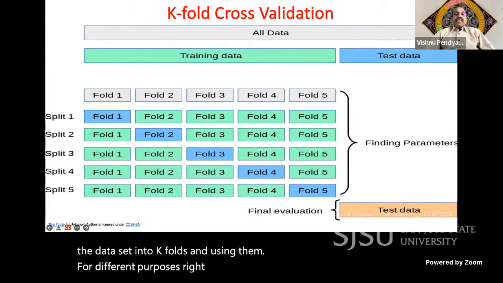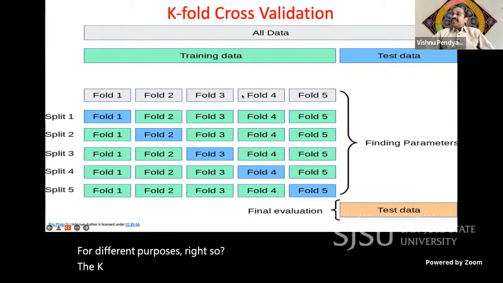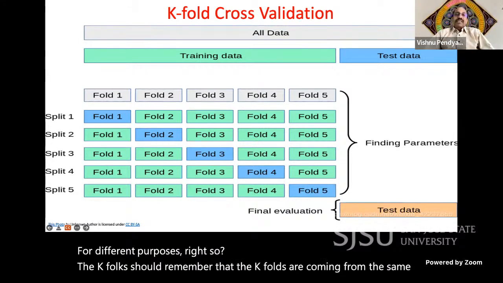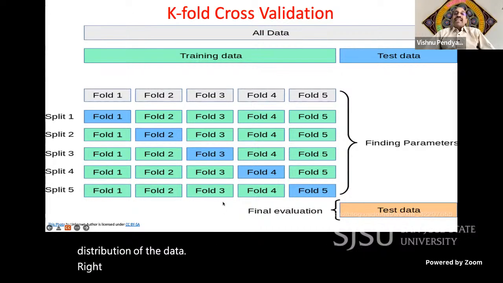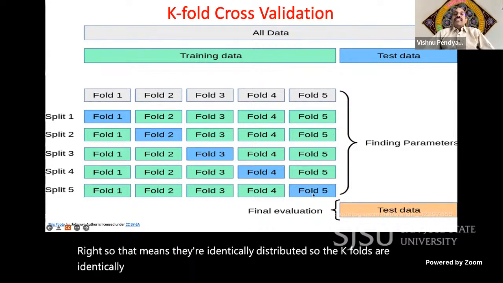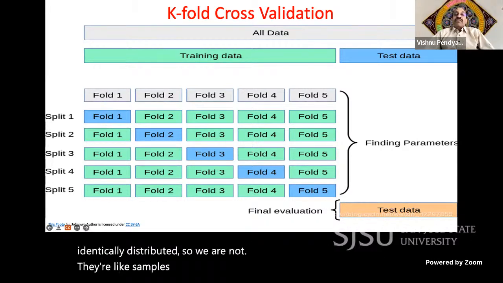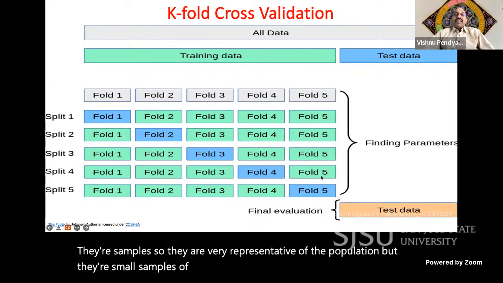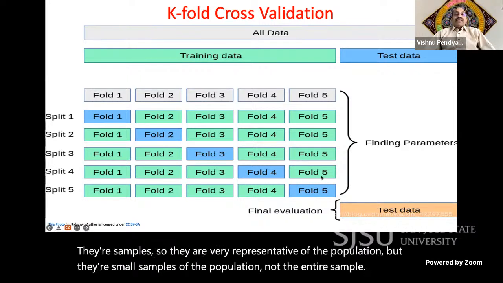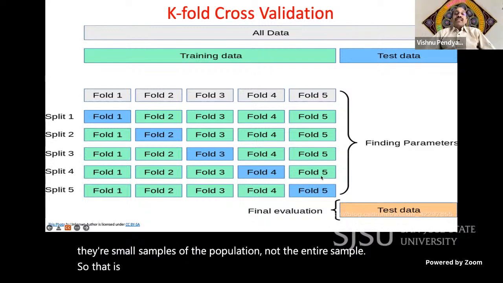The k-folds are coming from the same distribution of the data, so they're identically distributed. They are samples, very representative of the population, but they are small samples of the population, not the entire sample, right? That is the key idea behind k-fold sampling.